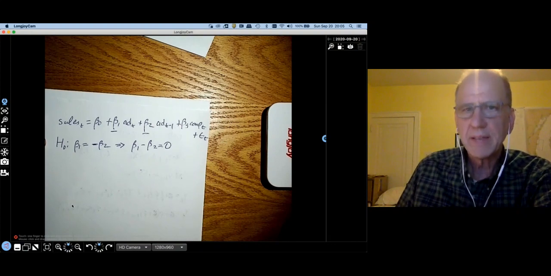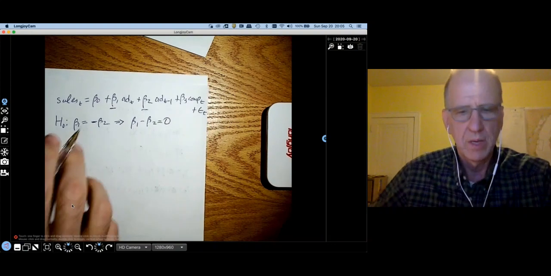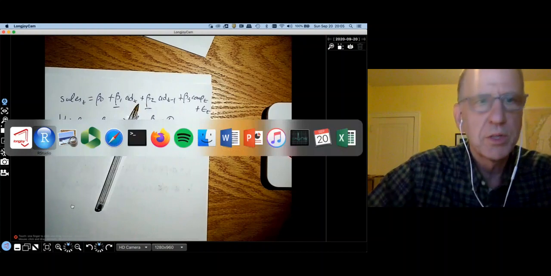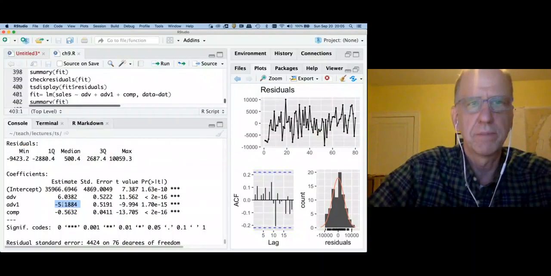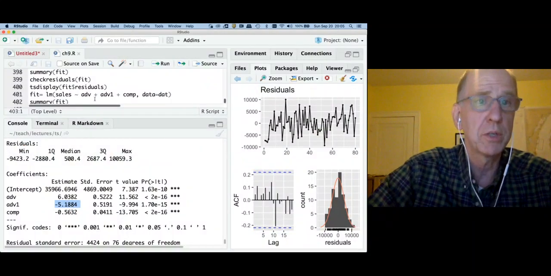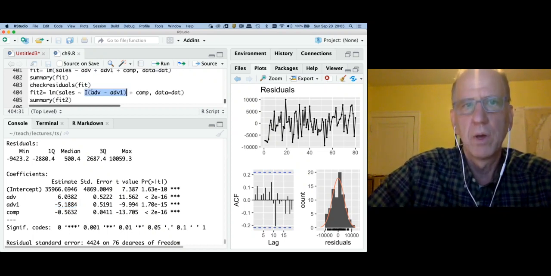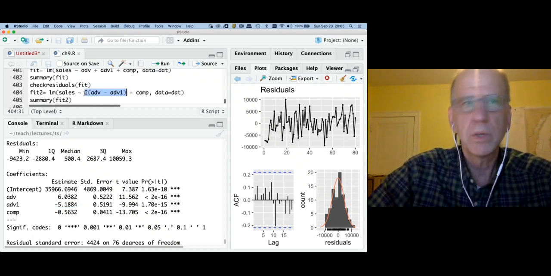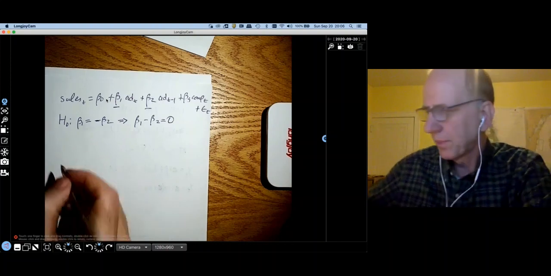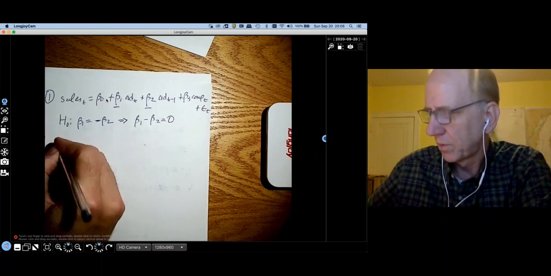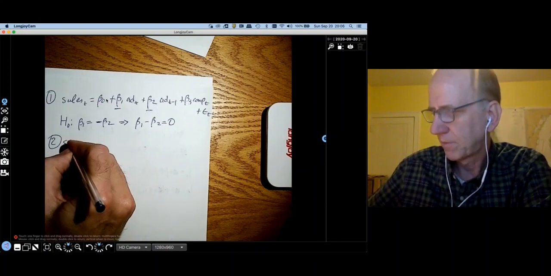The way we can test this in R is with the general linear hypothesis test that we covered back in my machine learning class. So I'm going to fit another model where I include a term that constrains these coefficients to be 0. So this model would look something like this.